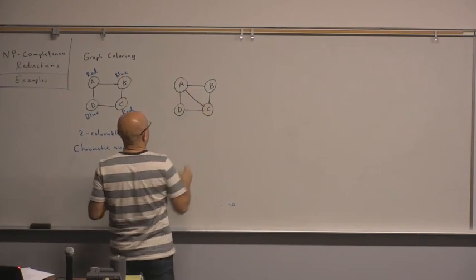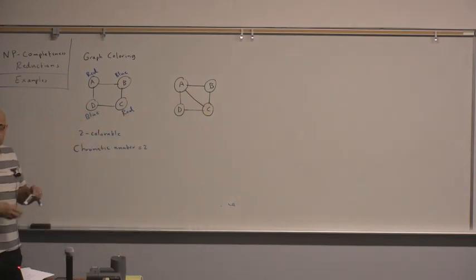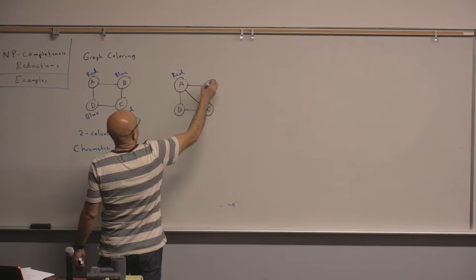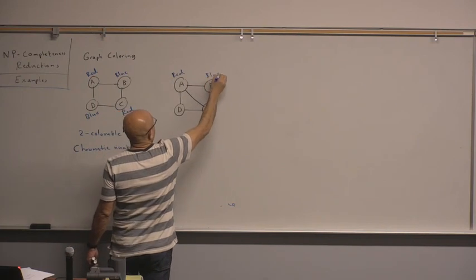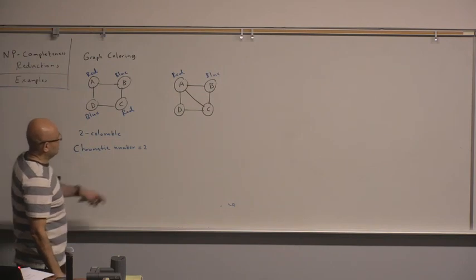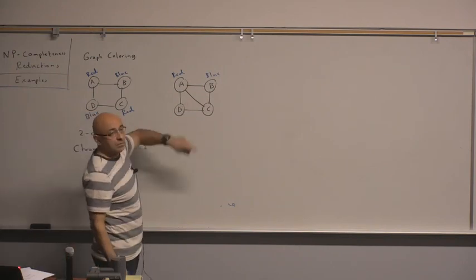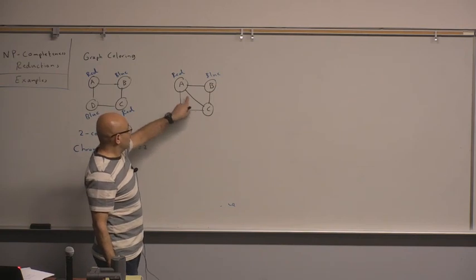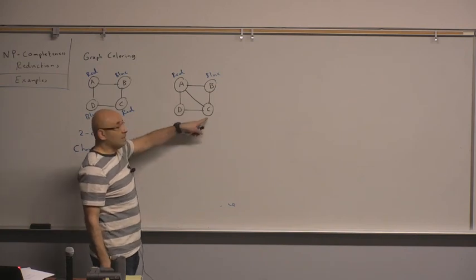Now a similar graph that cannot be colored using two colors. If we just add one more edge, then we can no longer color it using two colors. We have to use three colors in this case. So if we try, this is red, and this is blue. But now, C cannot be red or blue, because C is adjacent to both A and B. So we need a different color.